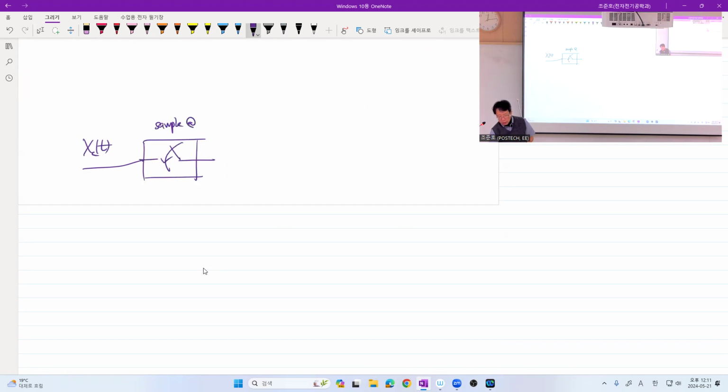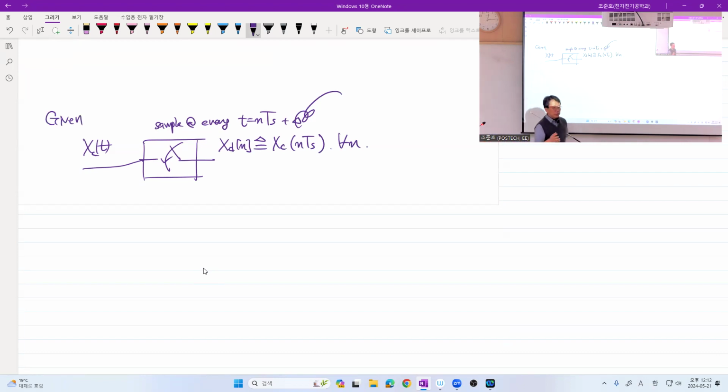A sample at every t equals nTs. Of course, you may assume some offset delta, but for convenience, we usually take delta as 0. In that case, we have xd of n defined as xc of nTs plus delta if you want, for all n.